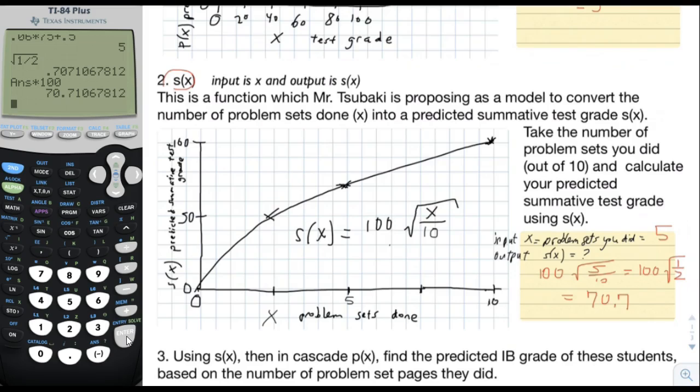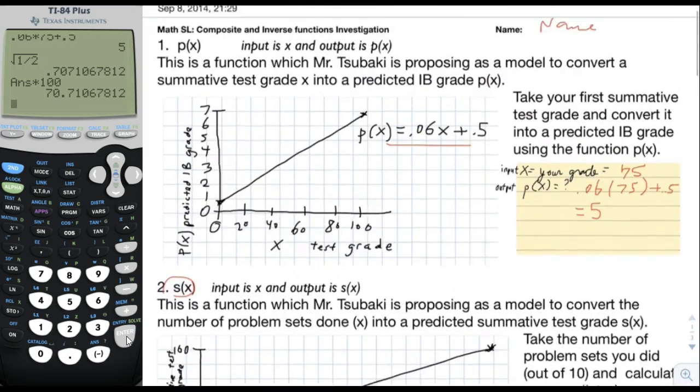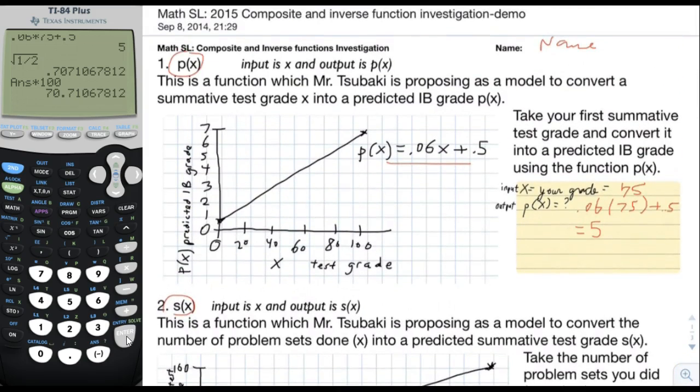So those two functions, P and S, are functions that I invented so that I can take an input such as how many problem sets you did and figure out your possible summative test grade, or I take your summative test grade, which might be a 75, and convert that into a predicted IB grade, 5 in this case.